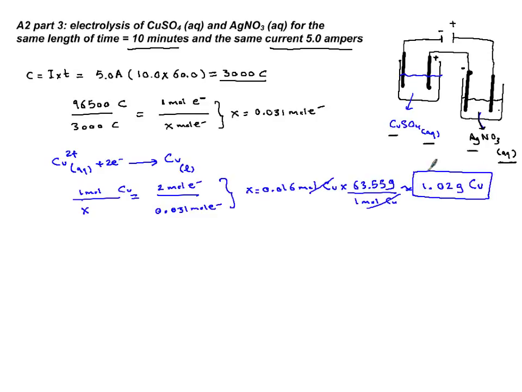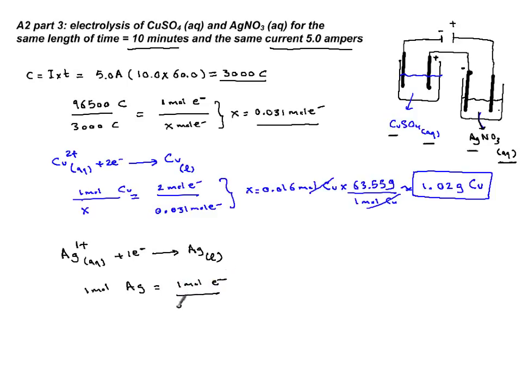Now let's do the same for silver. The amount of charge and electrons are the same, so the only difference is silver is 1+, so it only requires half as many electrons, 1 mole of electrons to give you 1 mole of silver. So 1 mole of silver needs 1 mole of electrons.